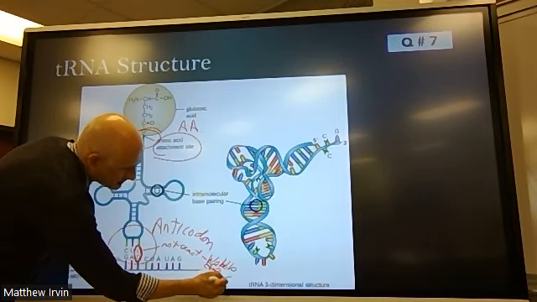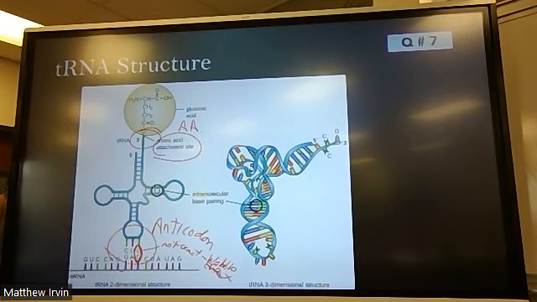I know that I'm writing that down there and you all can't see it. But what does the wobble effect do? It causes a redundancy in how we interpret the code.